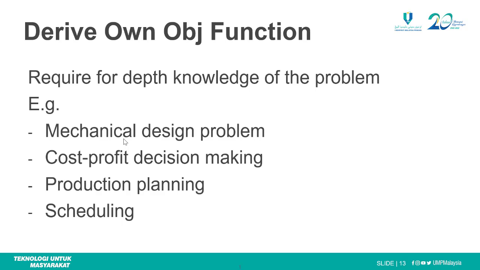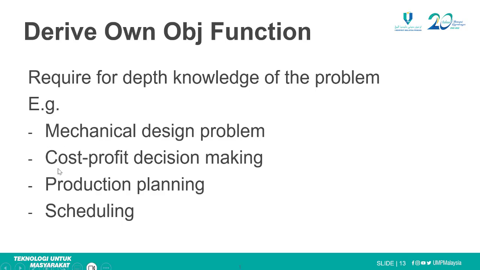So in this situation, we need to have the depth of knowledge that can be used to formulate the problem. Some examples of the problem are mechanical design problems. So maybe we have a certain statics or dynamics problem that we want to optimize. So we need to formulate the problem by using the knowledge that we have.